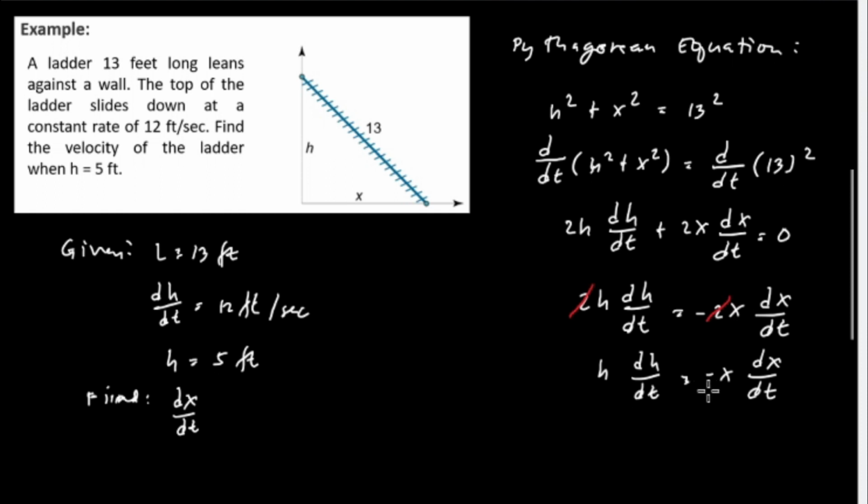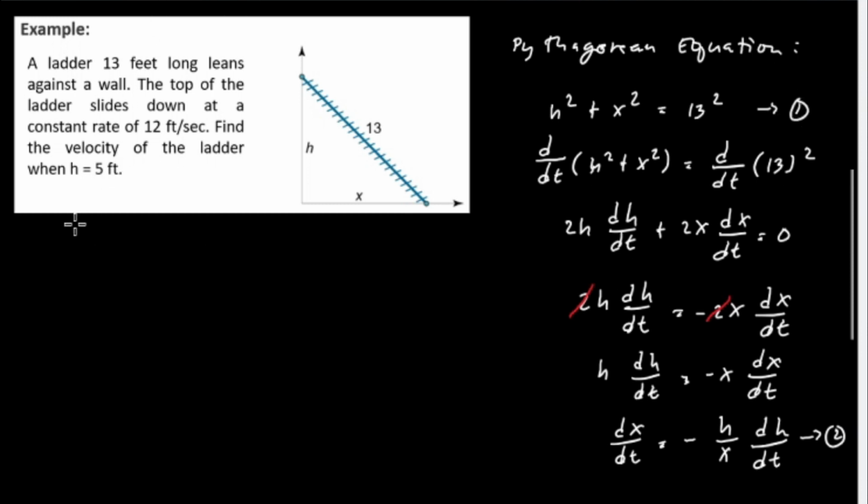And we're finding the value for dx over dt. So this is dx over dt, which is negative h over x times dh over dt. And this is equation number 2. And this is equation number 1.